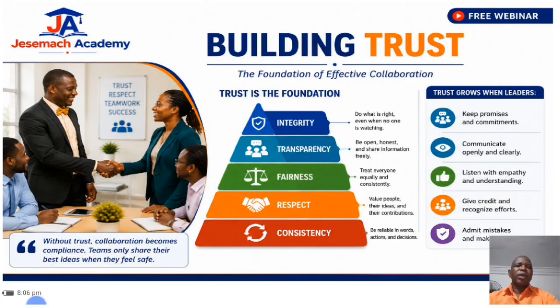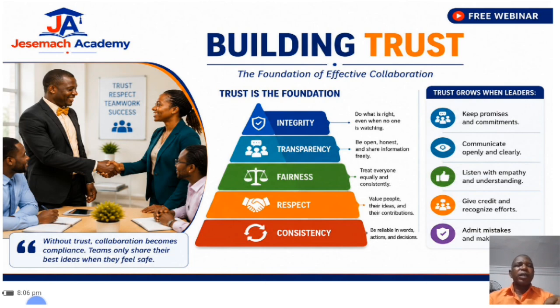The fourth one is respect. You must value people and respect them. Respect their family, respect their identity, respect who they are. This will help you. And the last foundation of trust is consistency. You must learn how to do good things repeatedly.